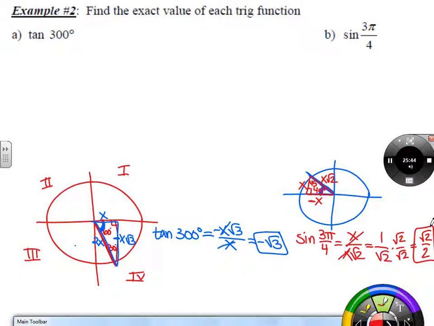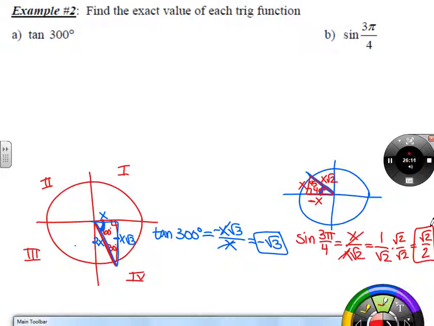Or they're going to give you an actual point, and then you should know, just like we did with our 8, negative 15, 2 of the side lengths of the triangle. So for each piece of information, build a triangle there, mark the angle that you're using, and just like before, go back to: sine can be opposite over hypotenuse, cosine can be adjacent over hypotenuse, tangent can be opposite over adjacent, and answer the question you need to answer.